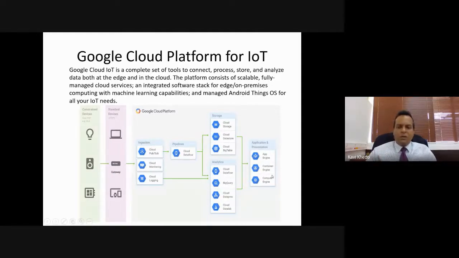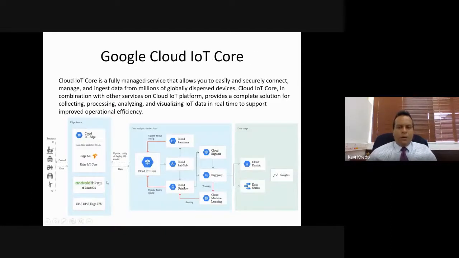Again, you see those components appearing. This is what is called the Cloud IoT Core. On this side you see the Edge engine, the analytics and everything. It uses Android Things or Linux. And on this side is the cloud, the data analytics in the cloud that is provided, and on this side the data usage.